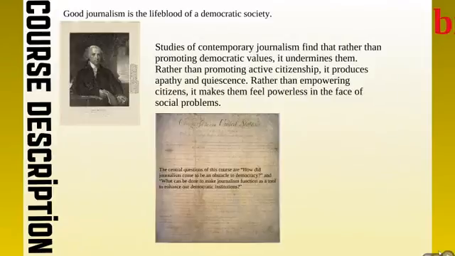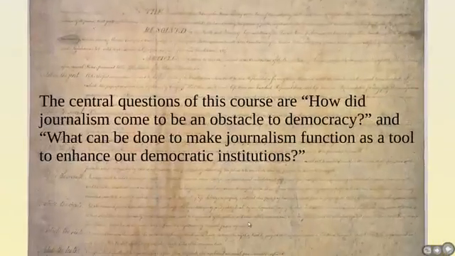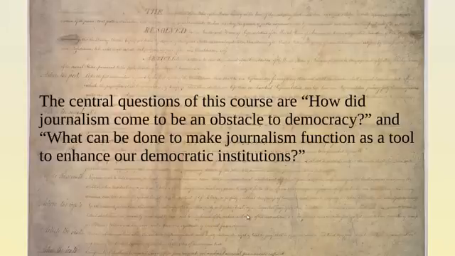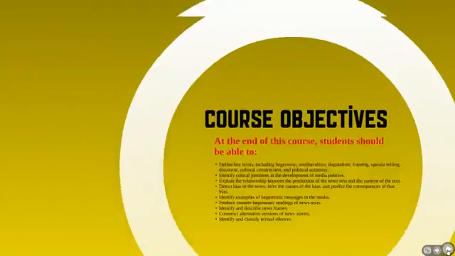The central questions of this course are: how did journalism come to be an obstacle to democracy, and what can be done to make journalism function as a tool to enhance our democratic institutions rather than undermining them?